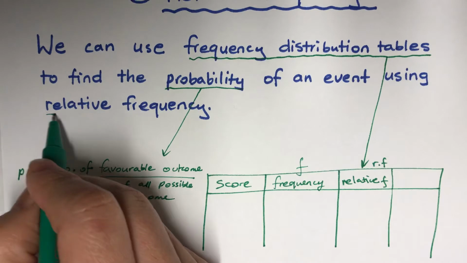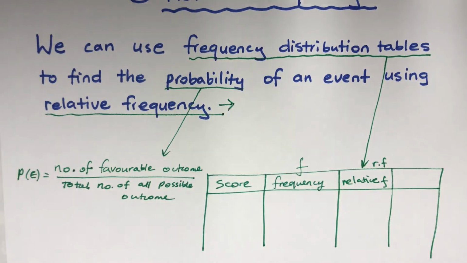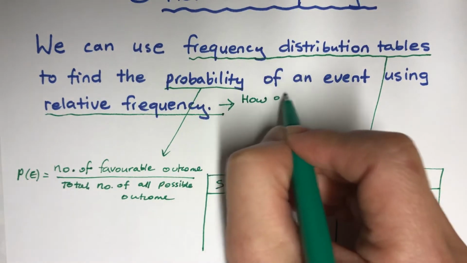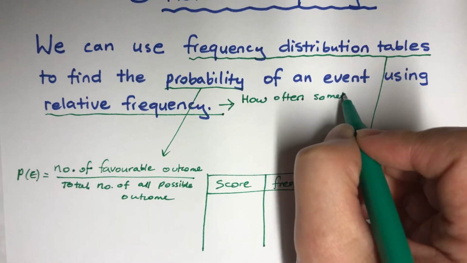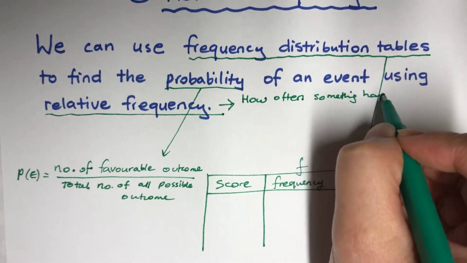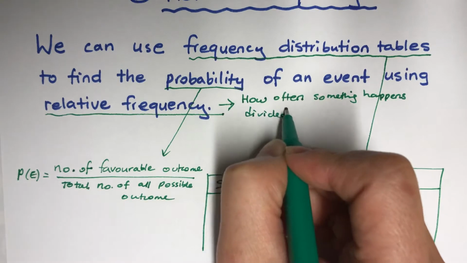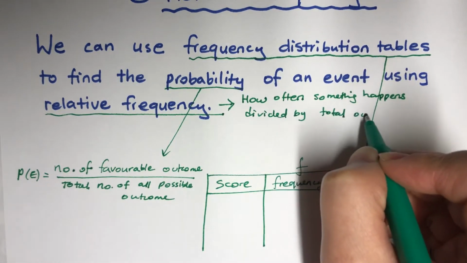Now, what's relative frequency then? Relative frequency is how often something happens divided by total outcomes. So let me write this down. How often something, event, happens divided by total outcomes.